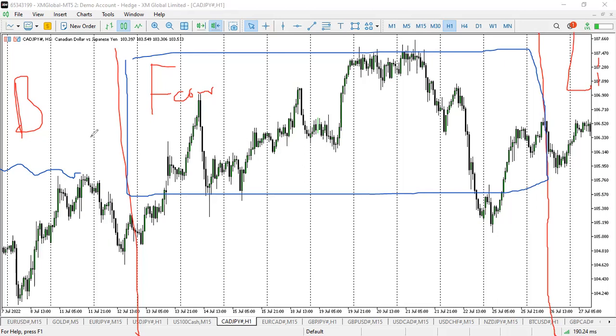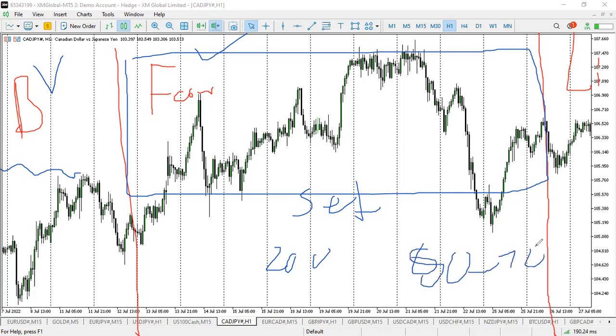What is data? Data is from back testing and forward testing. With this setup, I have taken 200 setups. Out of these 200 setups, I had maybe a 60%, or even from 50 to 70% win rate with this setup.